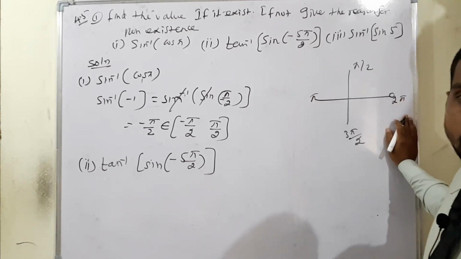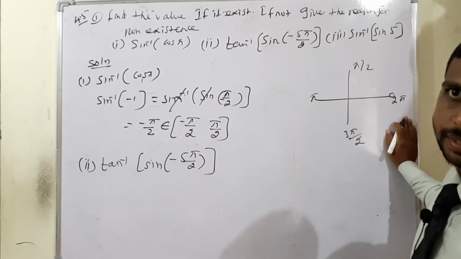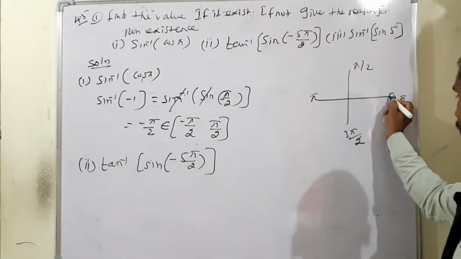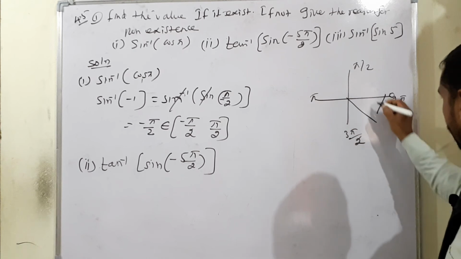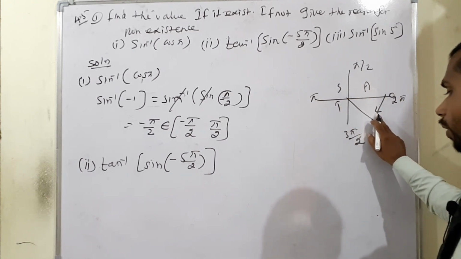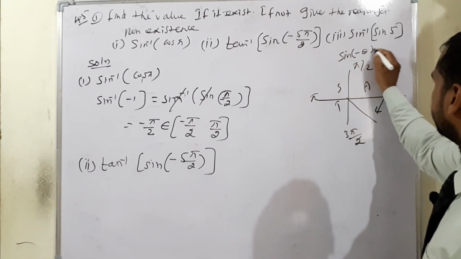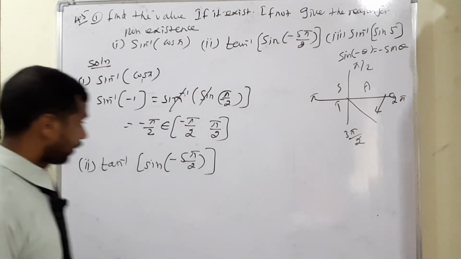Sine of minus theta means 0 minus theta or 360 minus theta. 360 means 2 pi, so 2 pi minus theta, cyclic order. So, fourth quadrant, all silver teacup means in the fourth quadrant only cos is positive. That's why we say sine of minus theta is equal to minus sine theta.